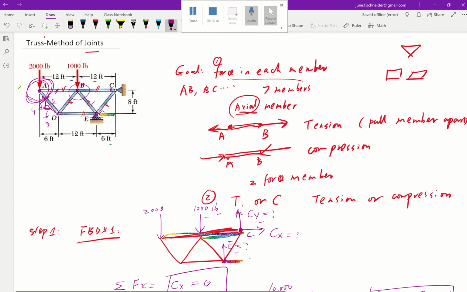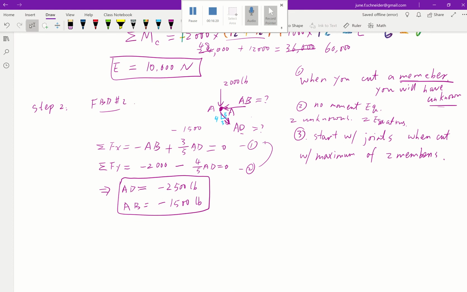Then remember, our goal is to find if it's in tension or compression. Now we can start thinking about it. Based on the answer you have for AD, we got a negative number. So what does that really mean? That really means that at point A here, I have this 2,000 pounds. And AD, the true direction is basically going down here, right?